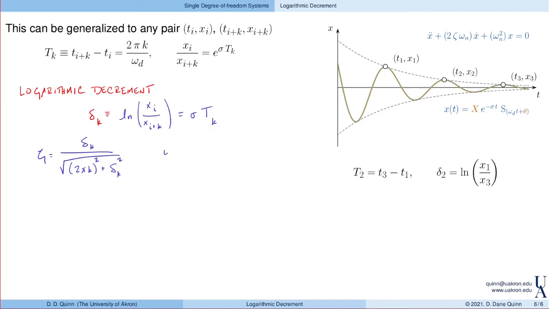And likewise, the natural frequency is equal to the quantity 2 pi k squared plus delta_k squared, this whole thing divided by t_k. So once again, we're able to estimate the damping ratio and natural frequency.